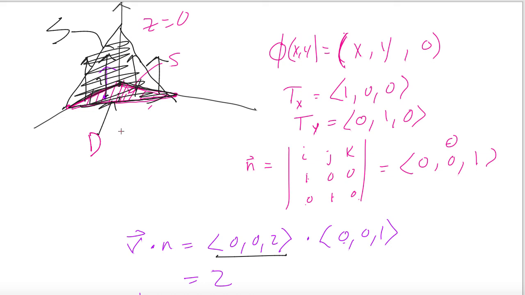But if you look at a side view of this triangle, you're basically looking from this direction here. This is a triangle. This is not the X or the Y axis.